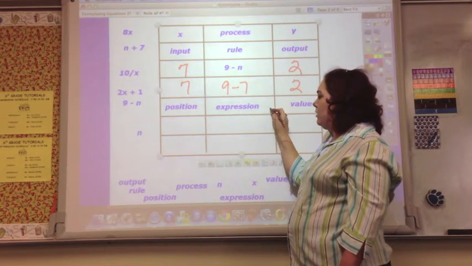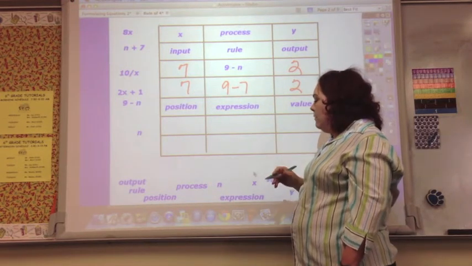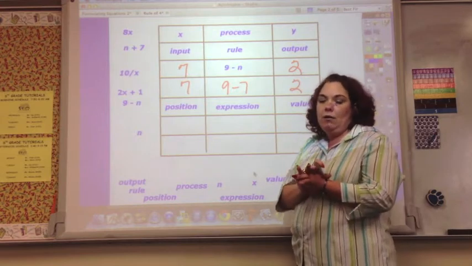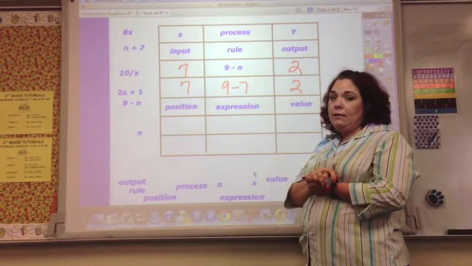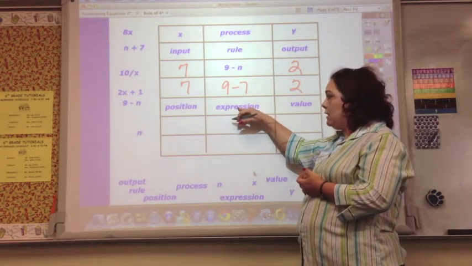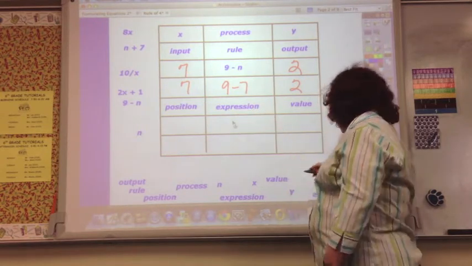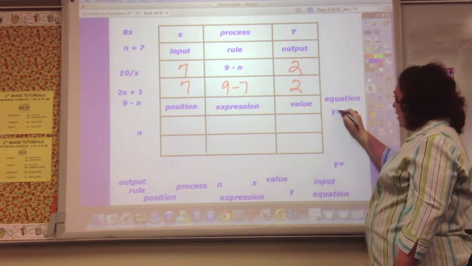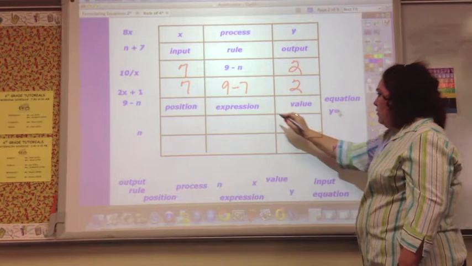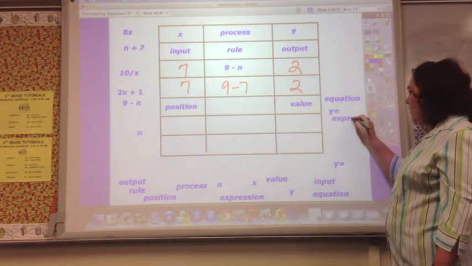This is the expression. And one of the most important things to know about algebra is that the only thing that changes the expression into an equation is to add y equals. And you can have the expression over here.